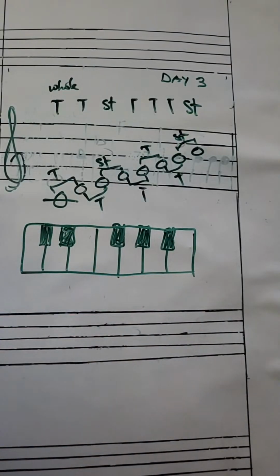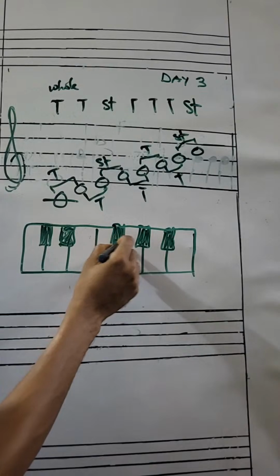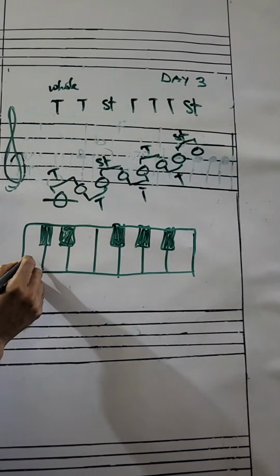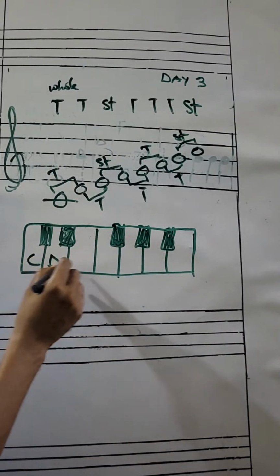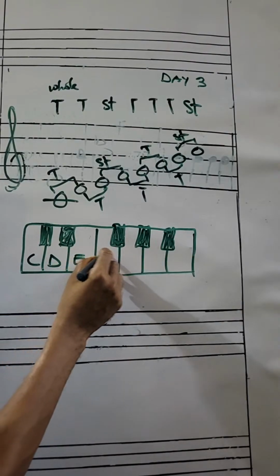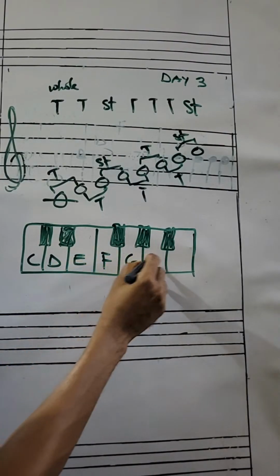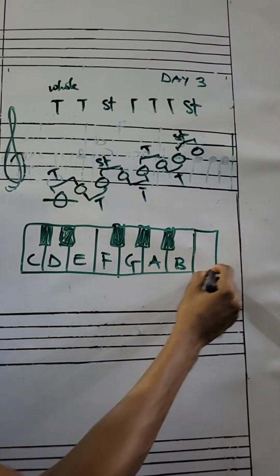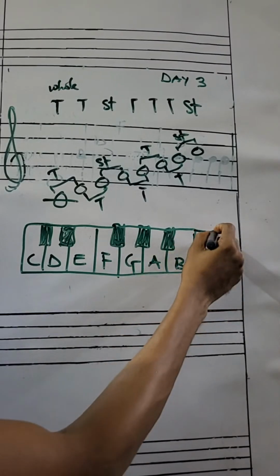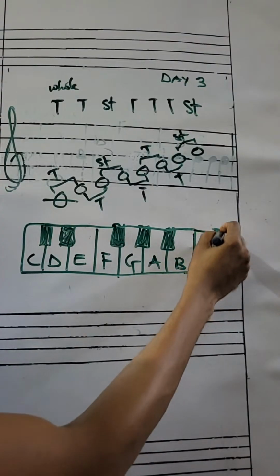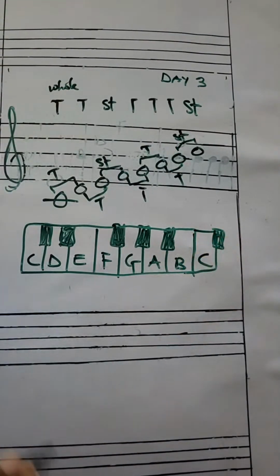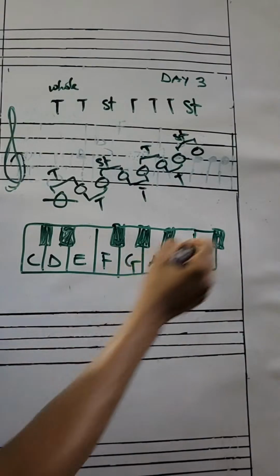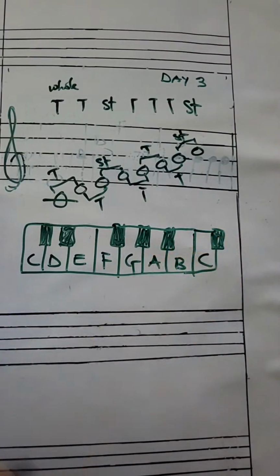This is a keyboard, right? This is a keyboard. And here is our C, this is our D, E, F, G, A, B, and then C. This is the keyboard, right? We are moving further.